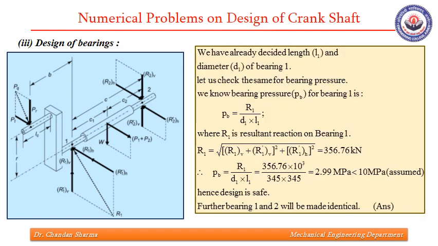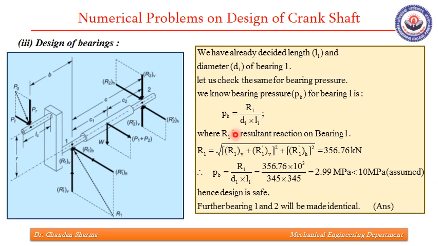Now we have already decided the length and diameter of bearing 1, so let us check the same for bearing pressure. Bearing 1 is subject to the resultant reaction at bearing 1 upon diameter and length, which is the projected area of the bearing.